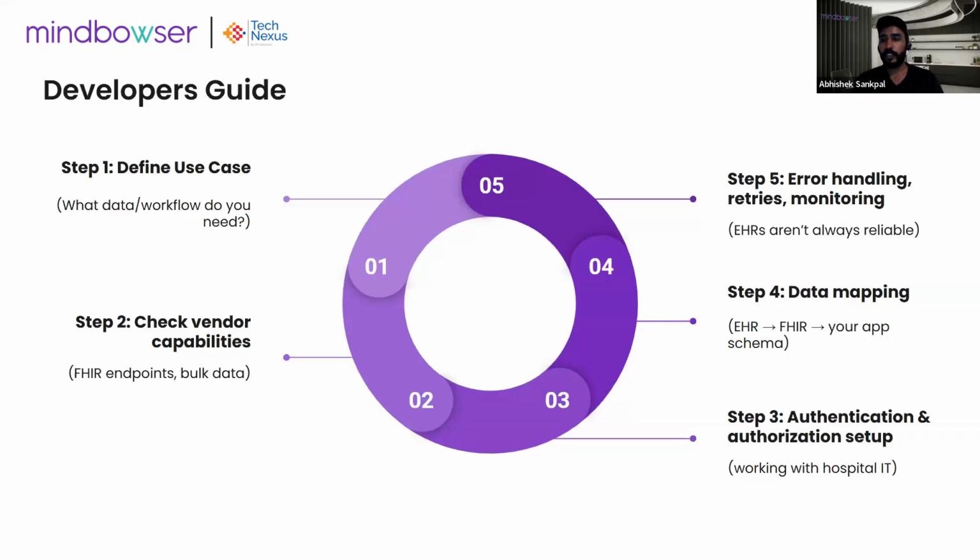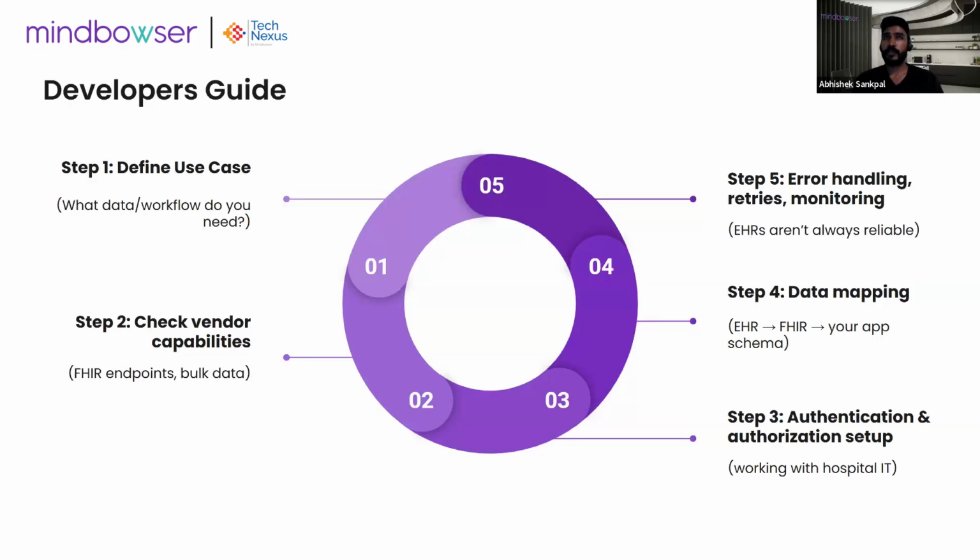Now the third one is authentication and authorization. As we know, because of HIPAA, only authorized persons should access patient data, medication data, and different kinds of patient data. Most modern EHRs support OAuth 2. Either we are creating an embedded app or a standalone app.